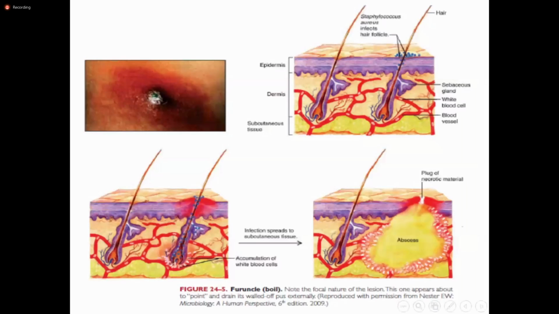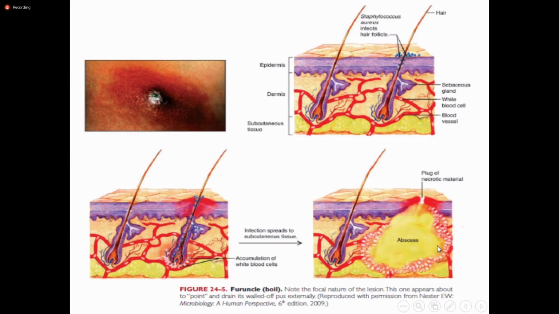So you can see here the different infections that I have mentioned illustrated in these pictures. This is infection of the follicle, and here Staphylococcus aureus, how it can enter and how it can reach deep and form abscesses. You can see it here.